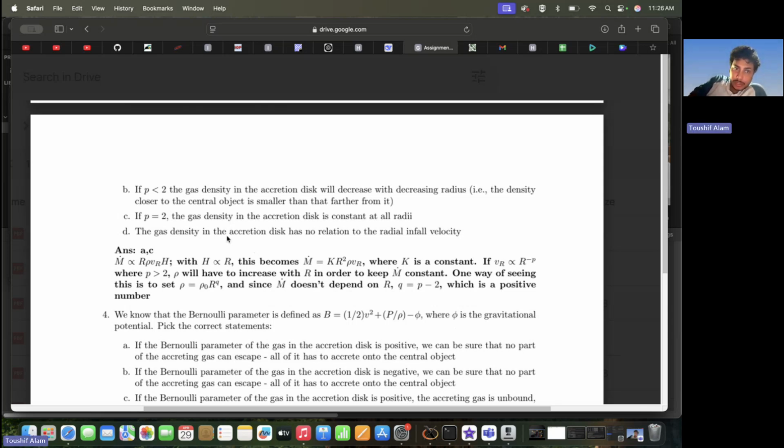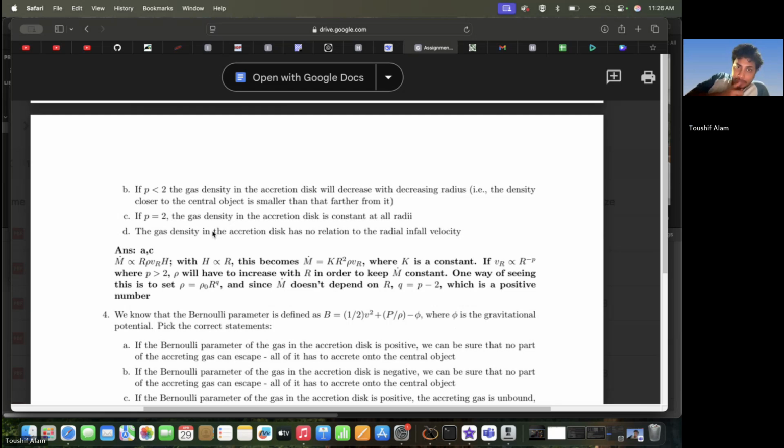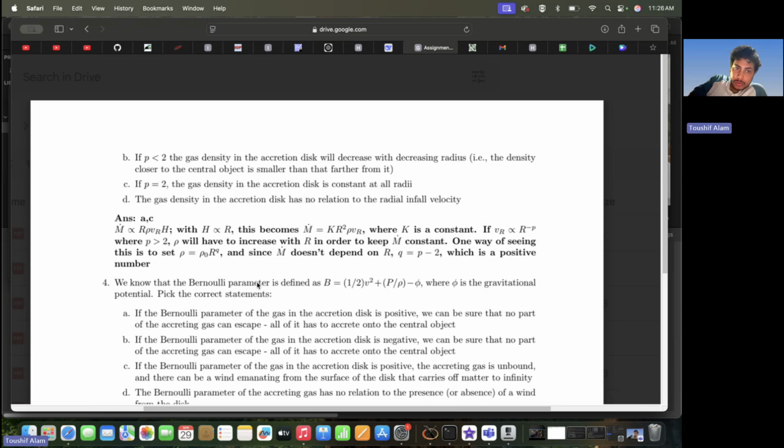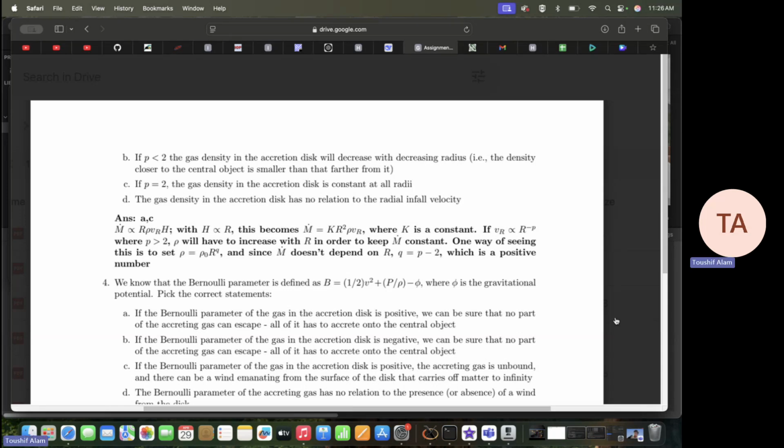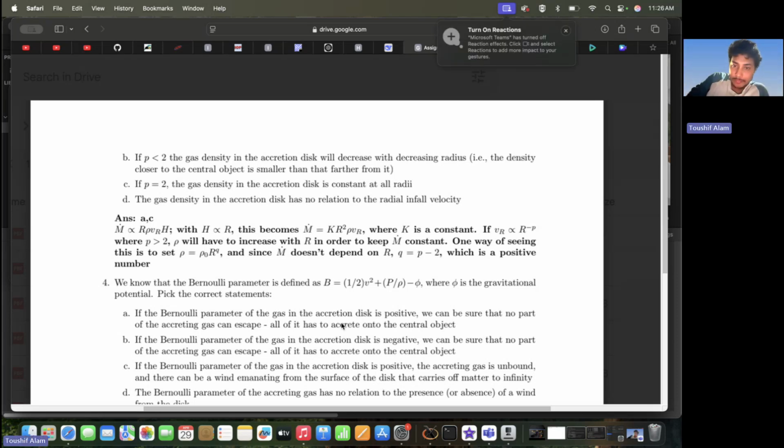So options A and C are correct. If p is equal to 2, the gas density is constant, since q is equal to 0, so rho doesn't depend on r.